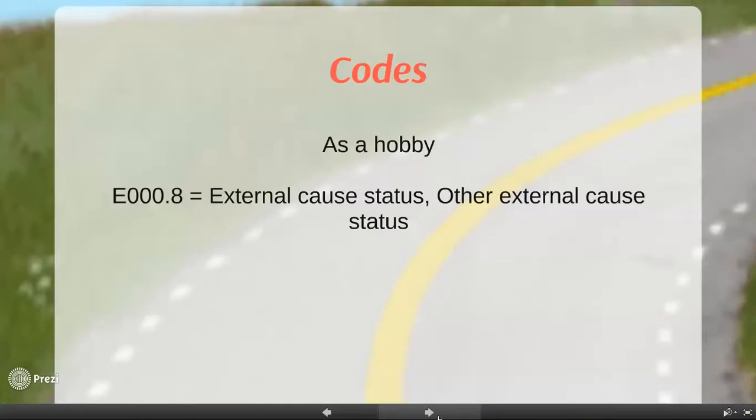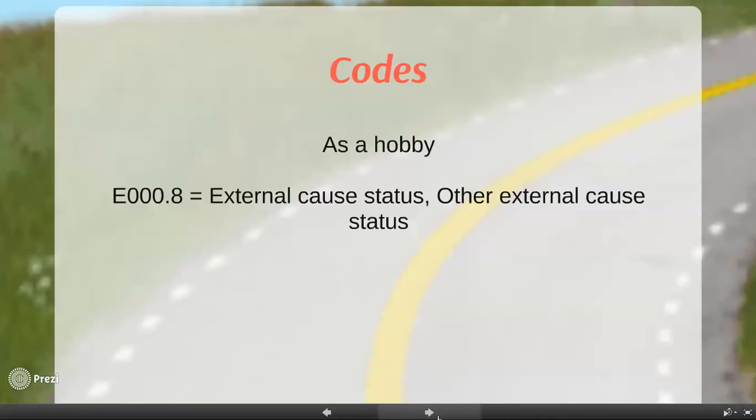Our S is that it was being played as a hobby, which comes to E000.8. And I want to read to you what that one says. It says external cause status, other external cause status.